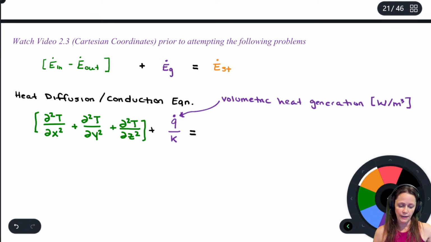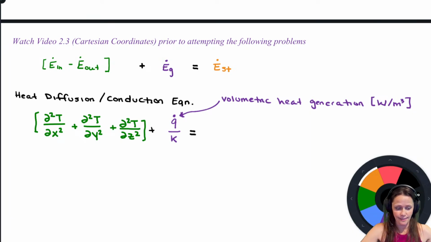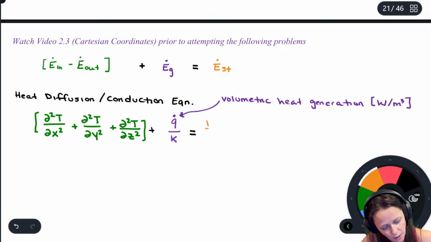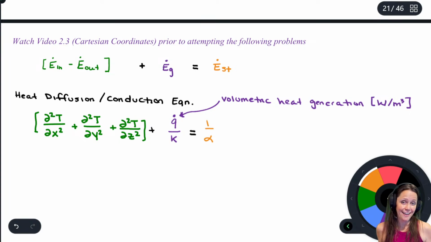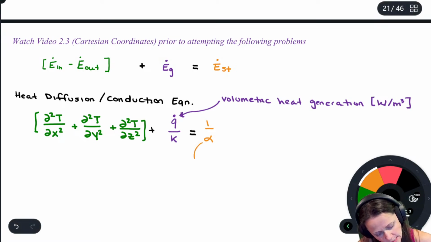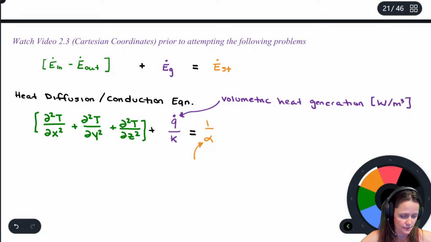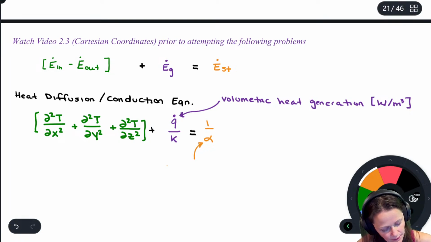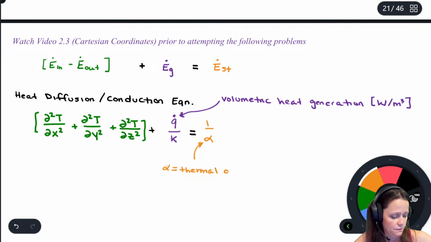And then we've got the final term, the E dot ST. So it's 1 over this alpha right here. That's not the absorptivity that we talked about at the beginning. This is the thermal diffusivity. I know it's still an alpha, but it's different.